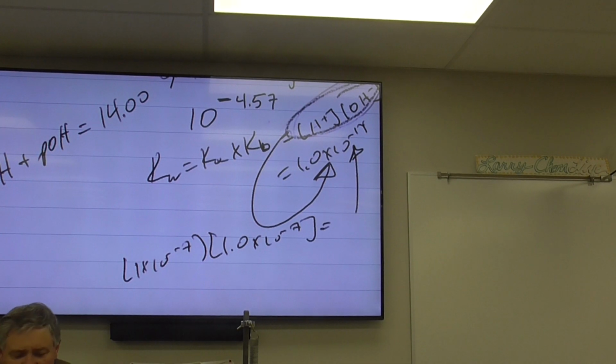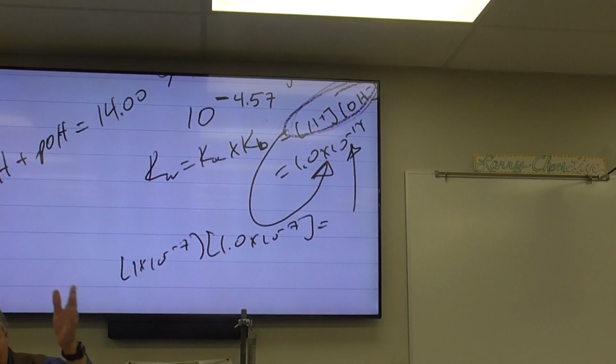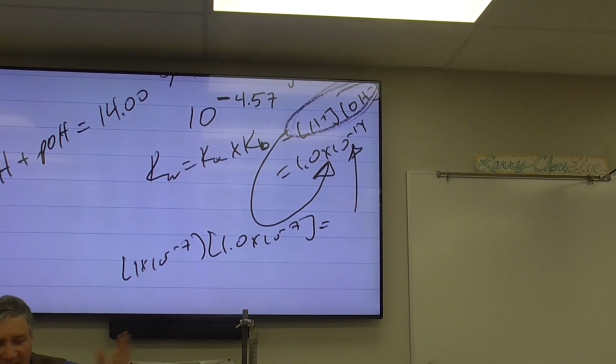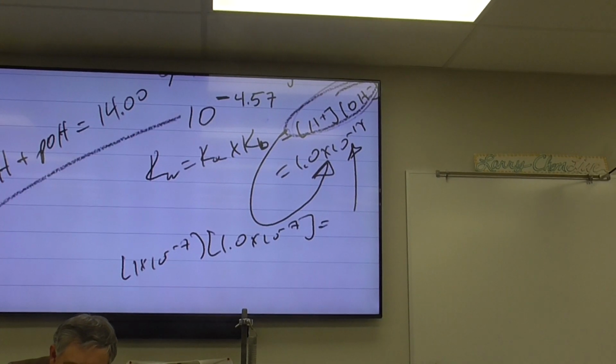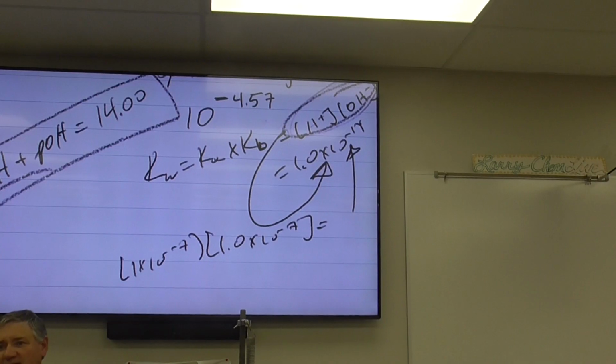If I take the negative log of 1 times 10 to the negative 7th, I get 7. So this is why your pH plus your pOH always add up to 14.